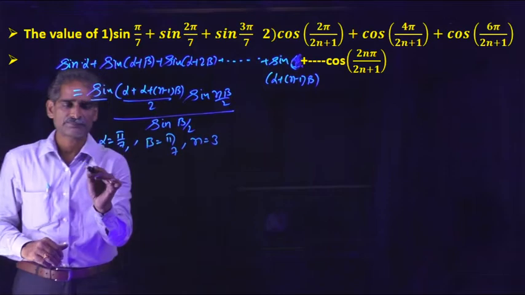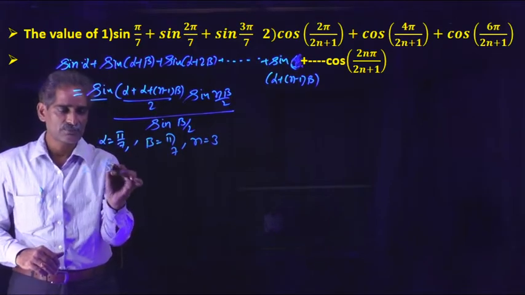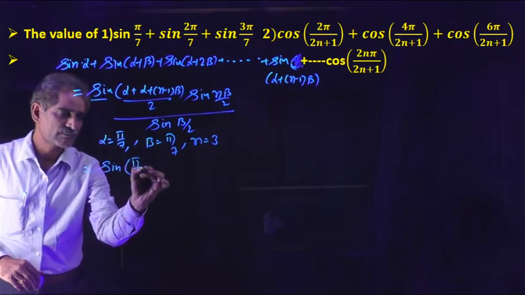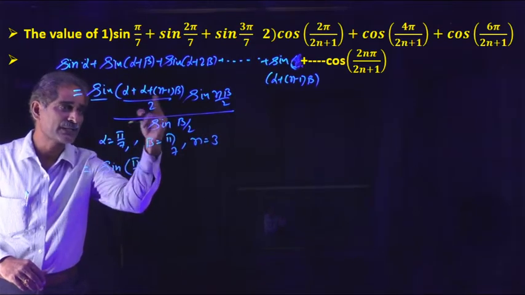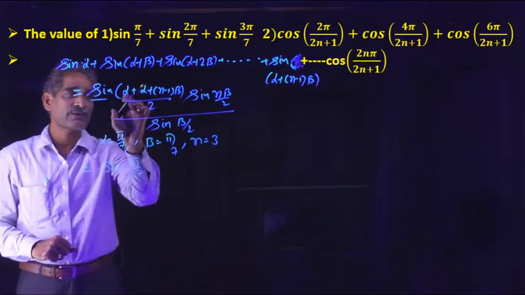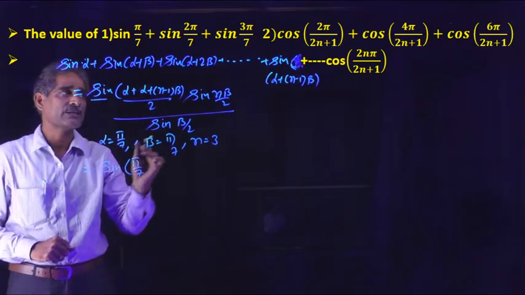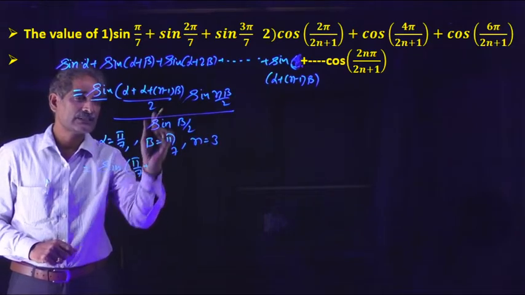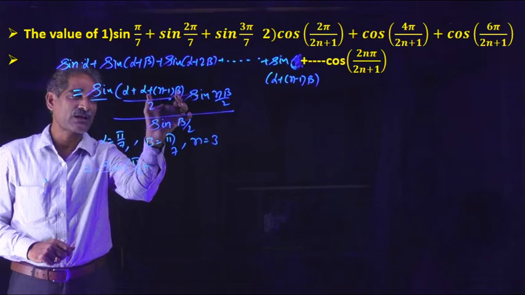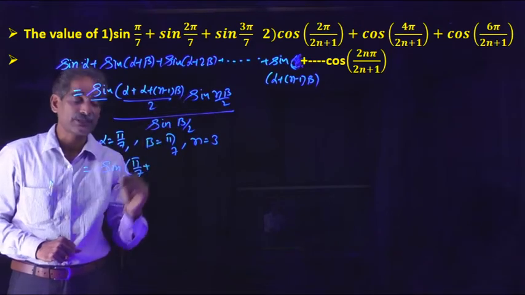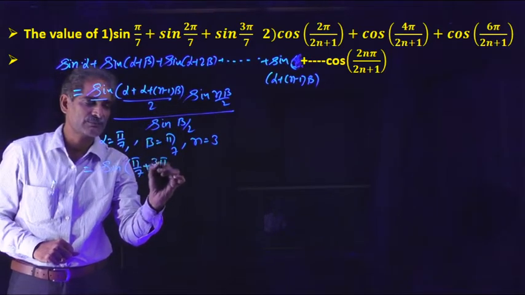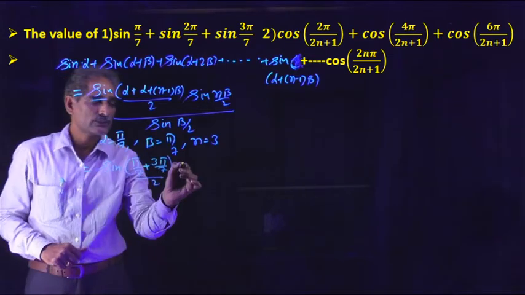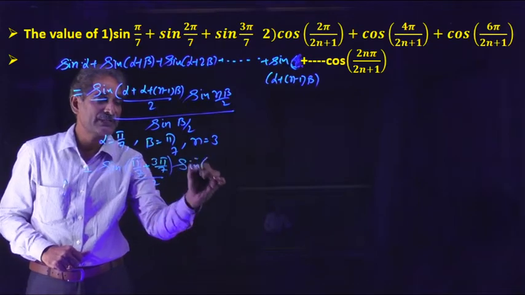So here sine of the sum of the first and last angle: pi by 7 plus the last angle, which is 3 pi by 7, whole divided by 2, into sine of n beta by 2.